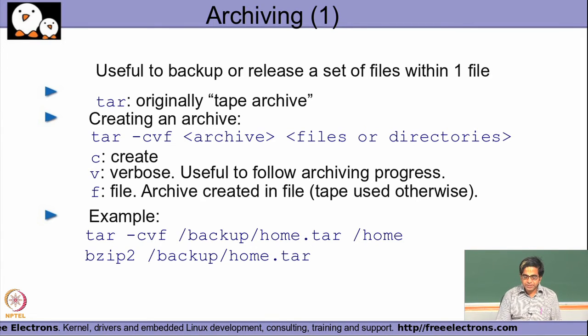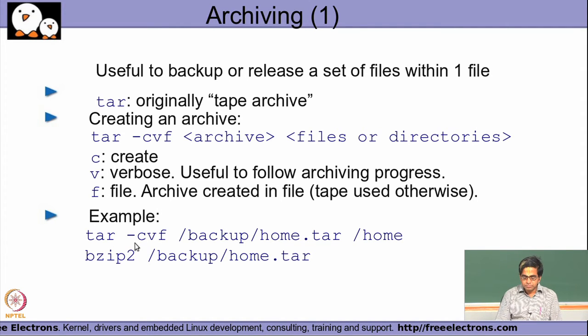Then the F option specifies the archive file name that is going to be created, and the second argument is the set of files or directories that need to be archived into this archive file.